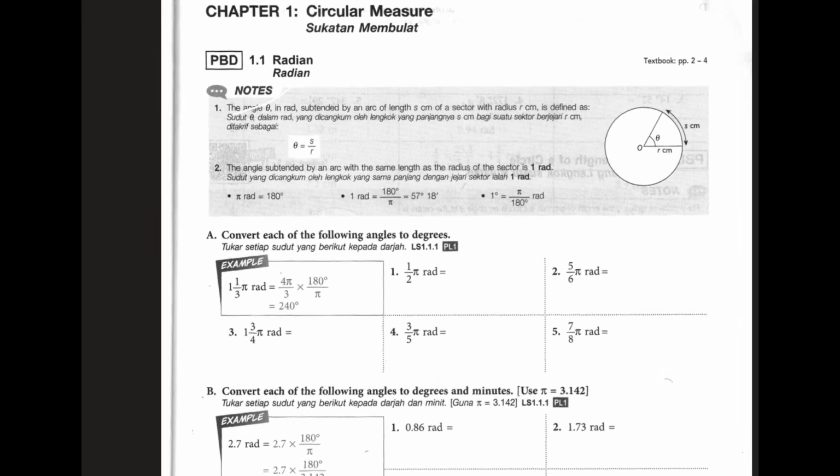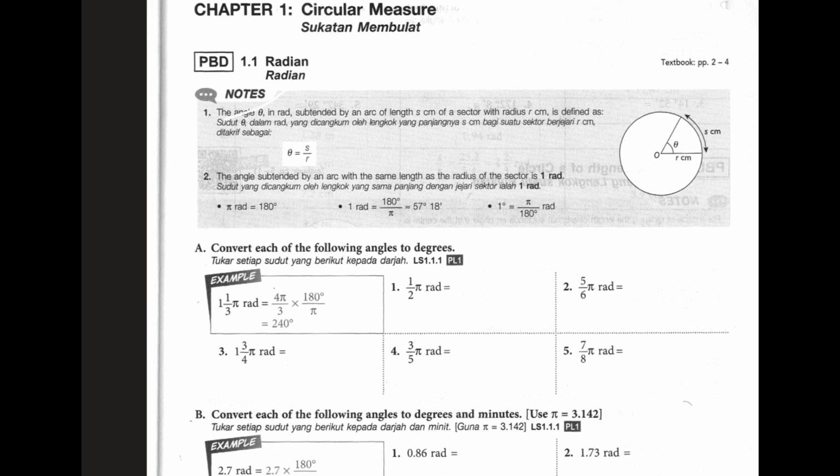Okay, now here the first point, you can see the angle theta in radian subtended by an arc of length s cm of a sector with radius r cm is defined as, okay, that means this is the arc, this is the radius, the angle is here, but the angle is in radian.